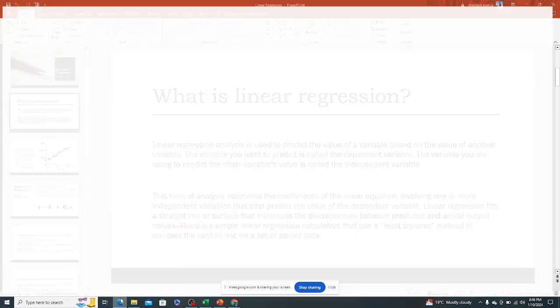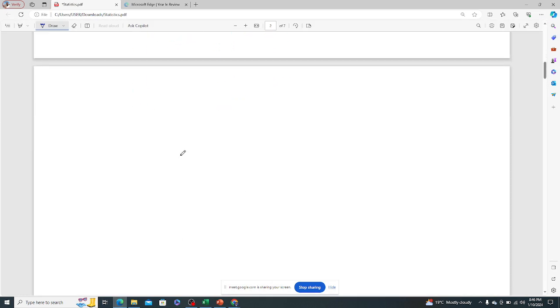Let me illustrate that. I'm going to use a very simple equation, which is an example of a linear relationship. If someone can tell us what equation this is? Which equation is this?